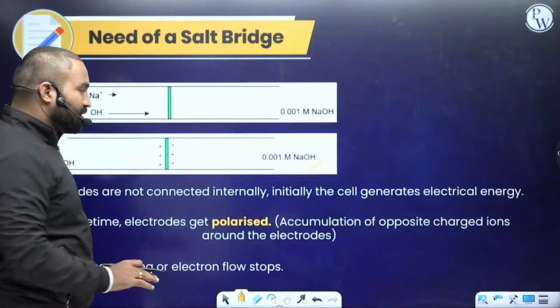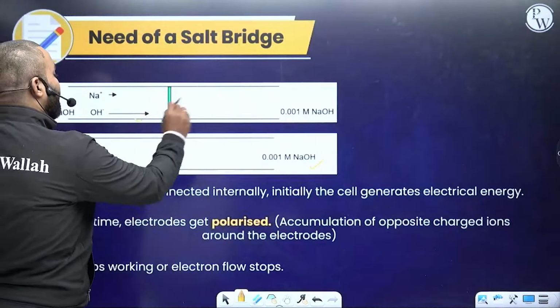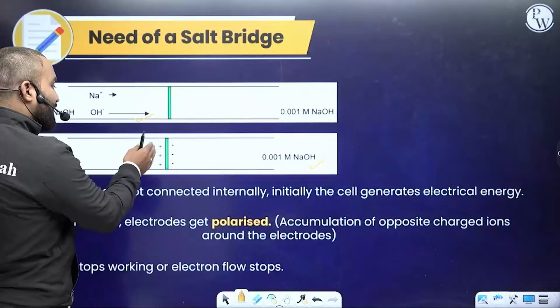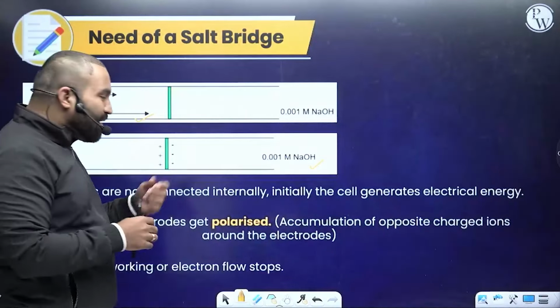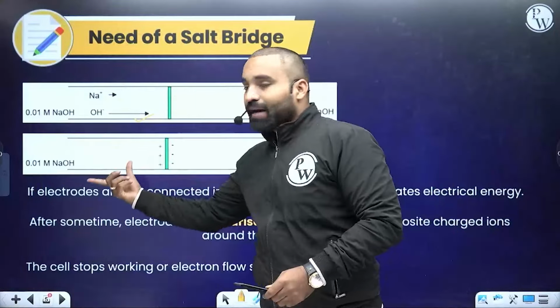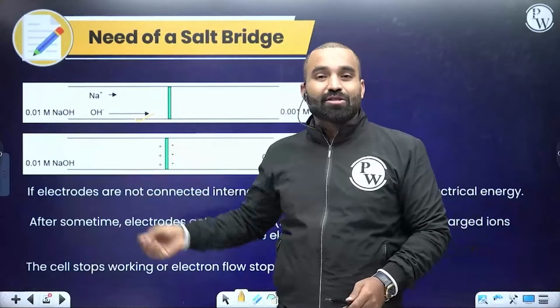The OH- will travel much faster than Na+, and then Na+ and OH- will start creating some charge imbalance. On this side positive charge will start accumulating, on this side negative charge will start accumulating.